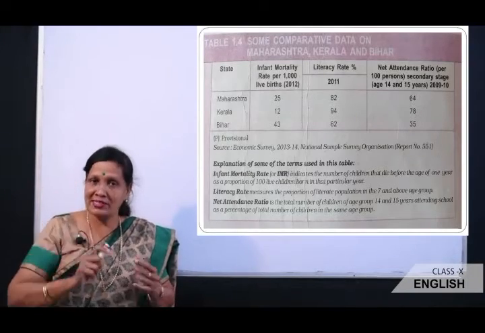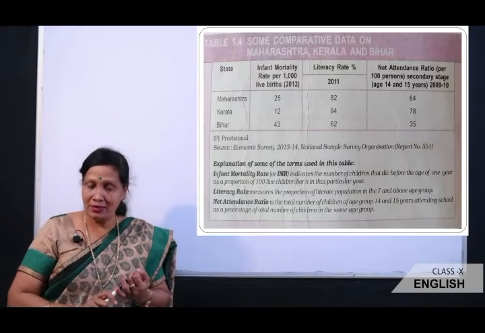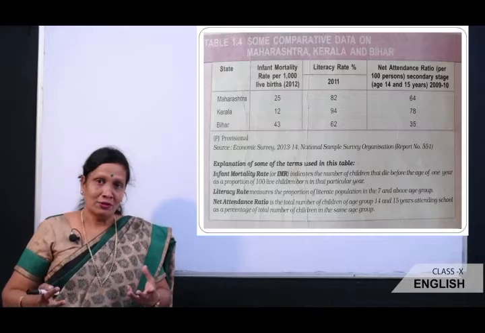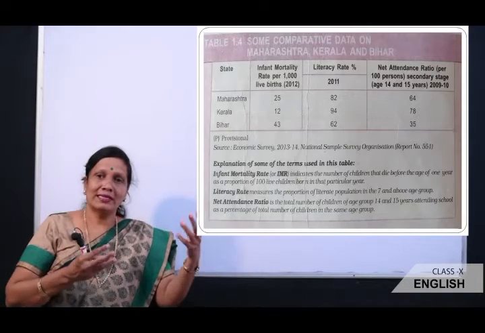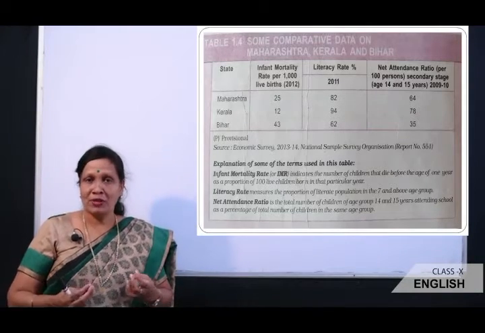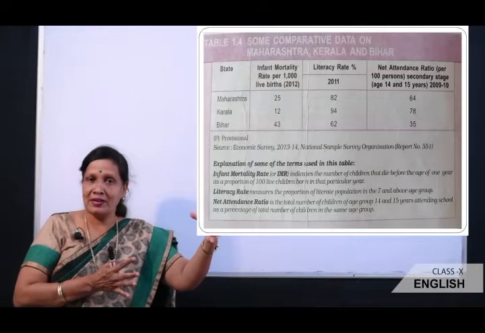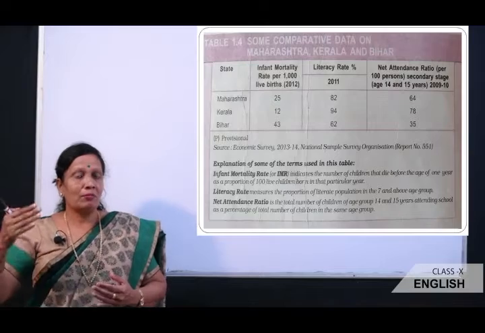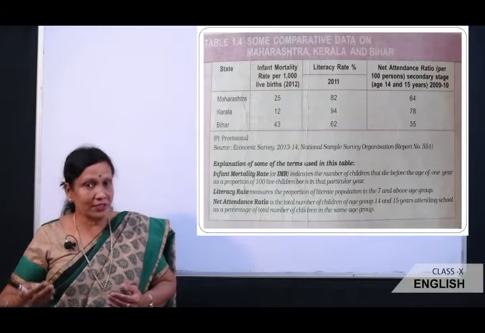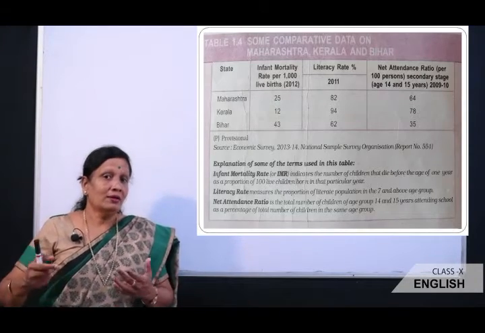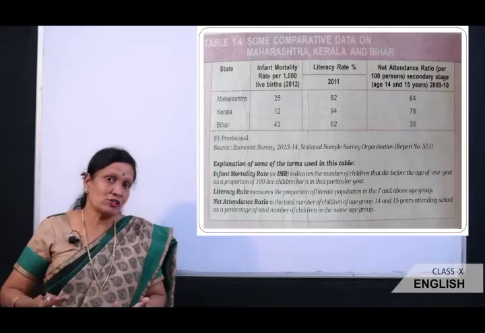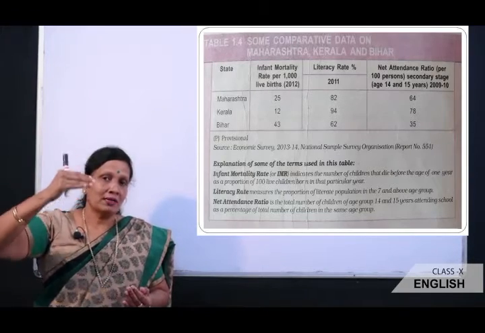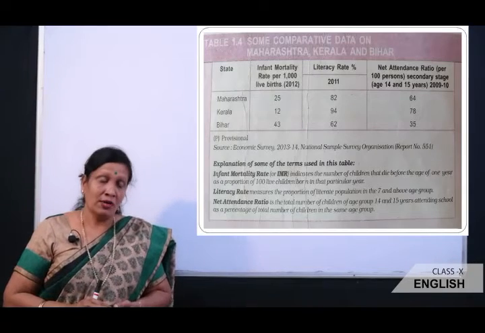Because the literacy rate is more, people are literate, they are aware of things, so they are aware of the health issues also, therefore the infant mortality rate is also less. And since the literacy rate is more there and people are aware of the importance of education and are seeing the results of being literate, the attendance ratio is also high, people are sending their children to school regularly.